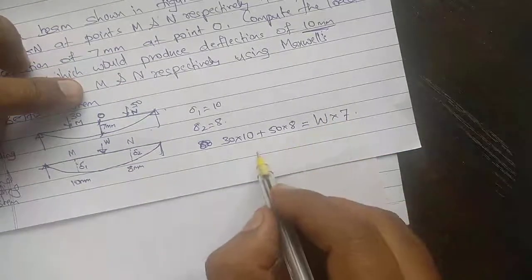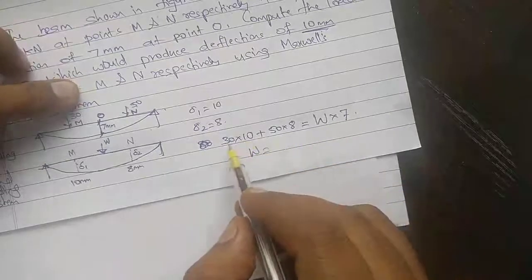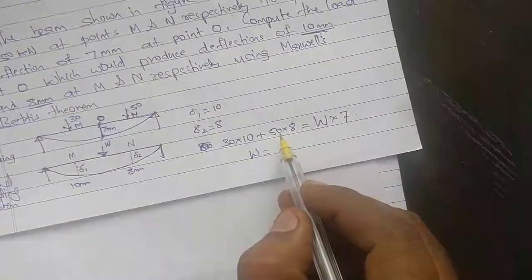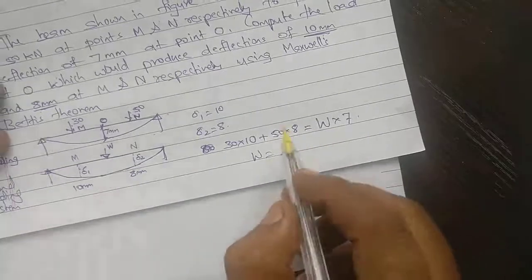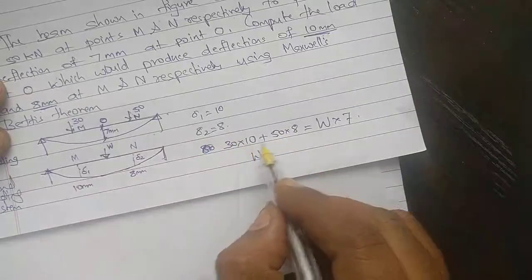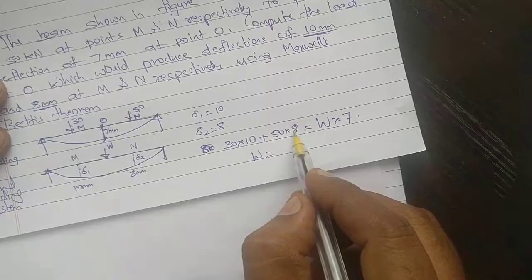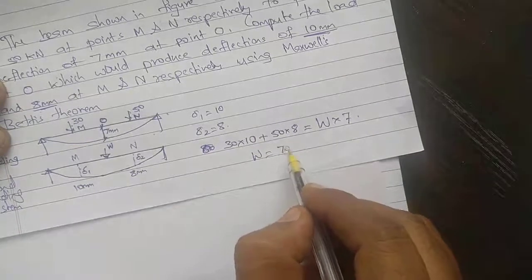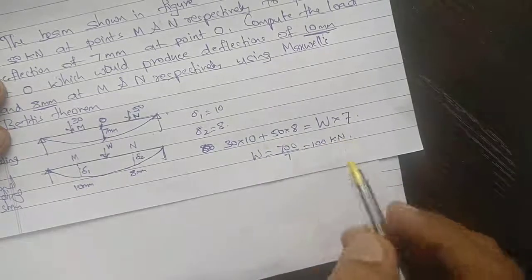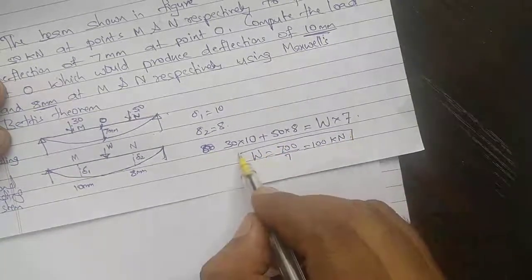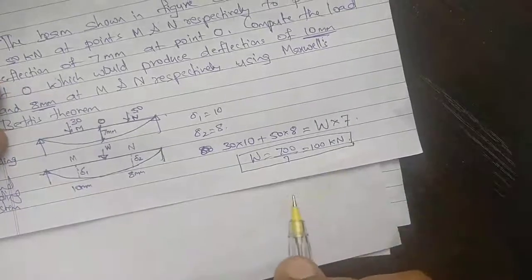From this we have to calculate W. W is equal to 300 plus 400, which is 700 by 7, which is 100 kilonewton. This is how we use Maxwell-Betti's theorem.